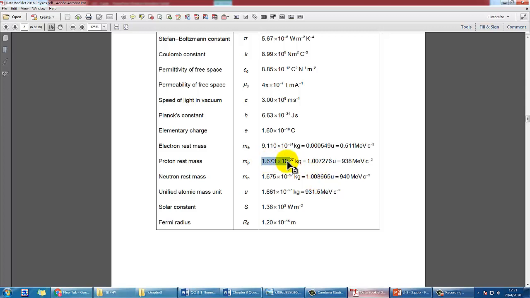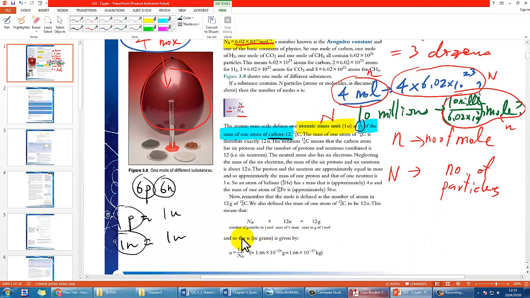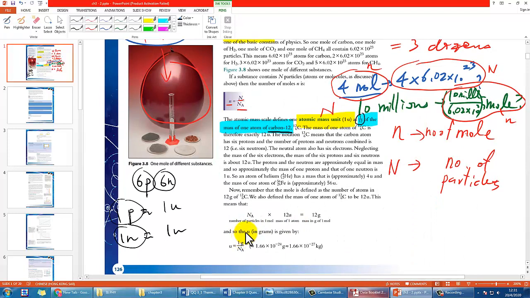If you try to use the kilogram system, it's quite silly, and you can't really feel the idea of the mass itself, because it's going to be like 10 to the power of -27. So that's why we adopt this new system for describing mass at the atomic level. I'm pretty sure chemistry will also use that as well.